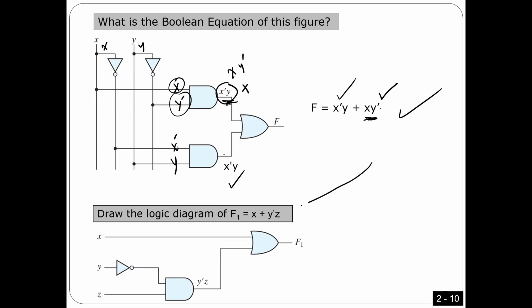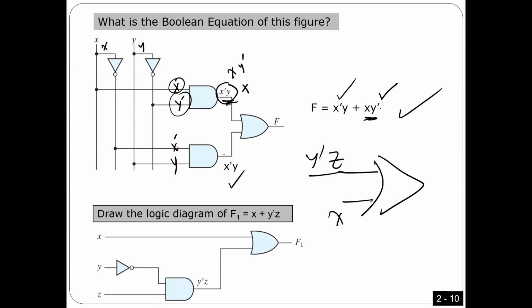Anyway, here I'm doing the opposite. I'm giving you the function, and then I ask you to draw the diagram. The way you can do it is very simple. Here you have OR. One input should be x, the other input should be y prime z.